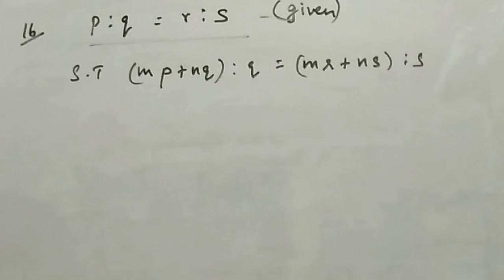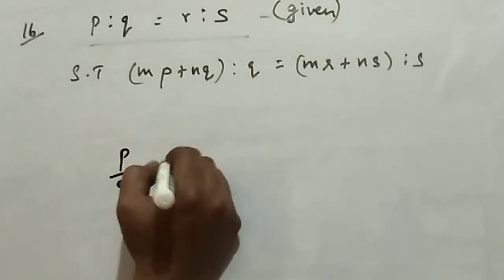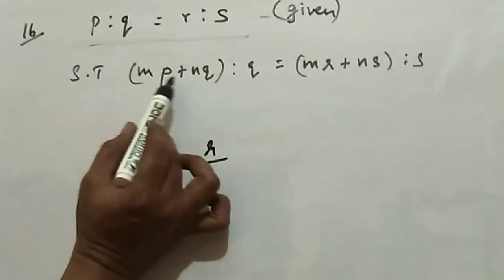Let us take that one. P upon Q is equal to R upon S. Given. Now, with this, what is that?